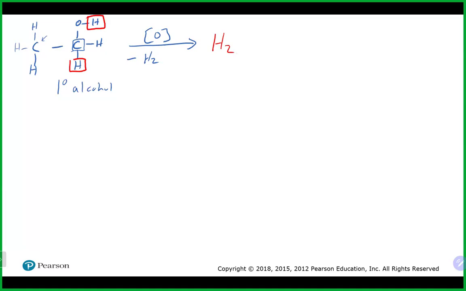Now, you may be looking at this and going, what am I left with? Well, you're pretty much left with everything that's not in a box. So you should just copy it exactly the way it looks, which means there's an H, there's a C, there's an H, there's an H, there's a C, there's an O, and there's an H. So all I did is copy everything that was there, took out the two box things.